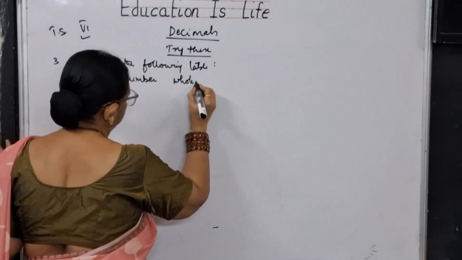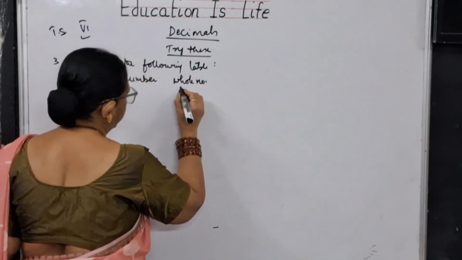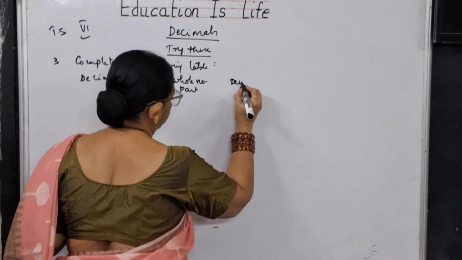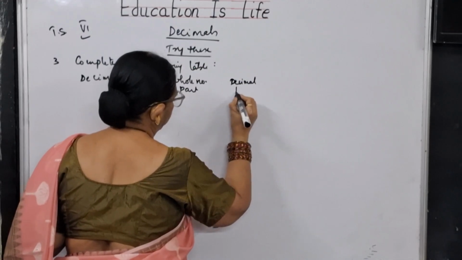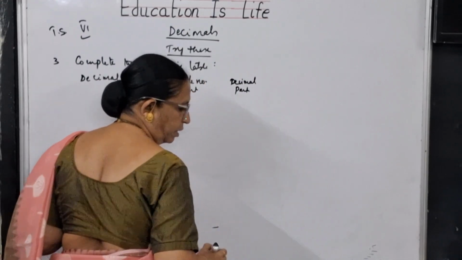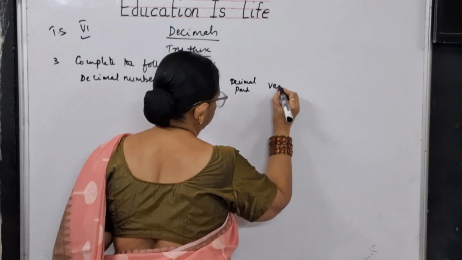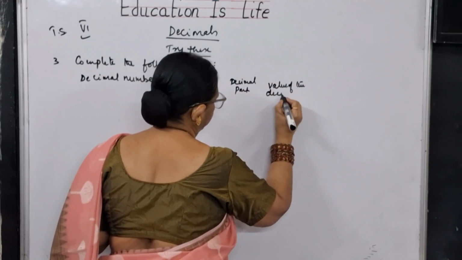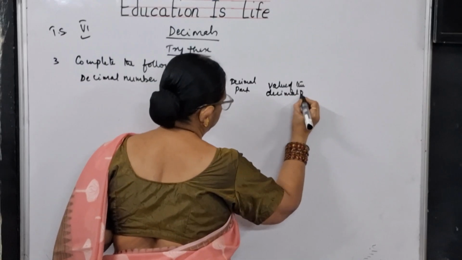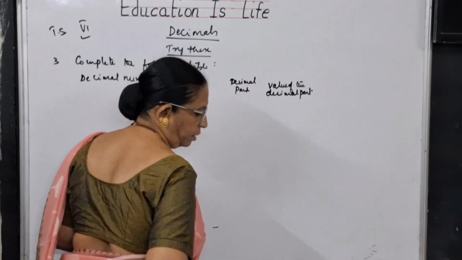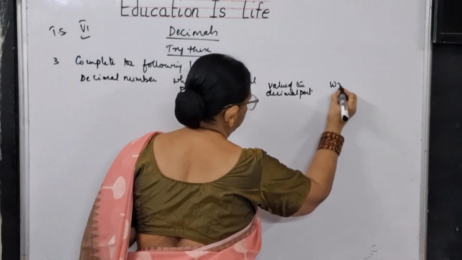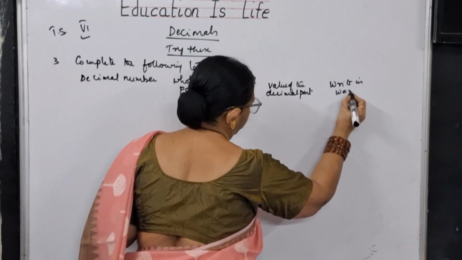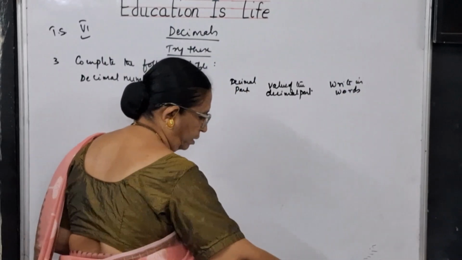You have to write the whole number part and the decimal part, then the value of the decimal part, and then write it in words.